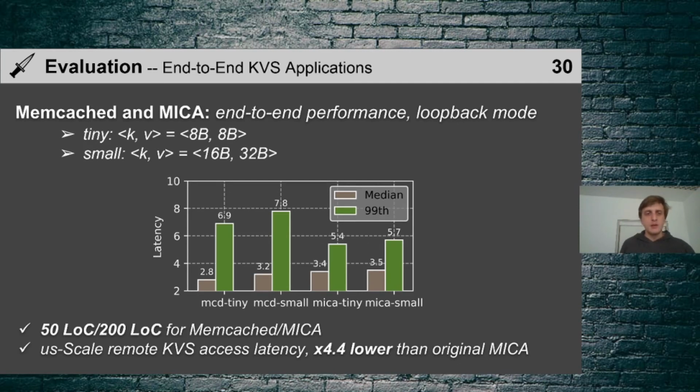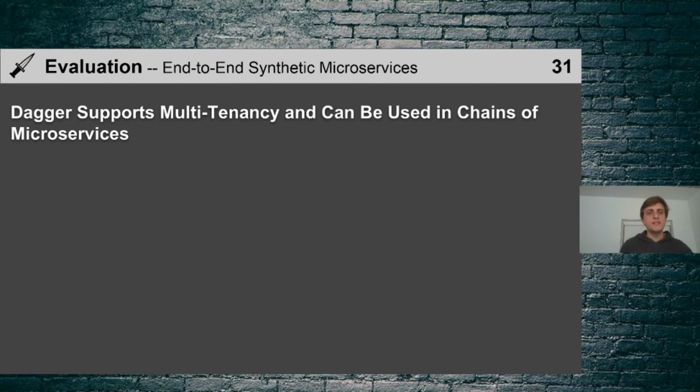Our system brings the remote key-value store access latency down to the microsecond level, which is roughly 4 times faster than the numbers reported in the original MICA work when running the key-value store system over the highly optimized DPDK-based kernel bypass system.